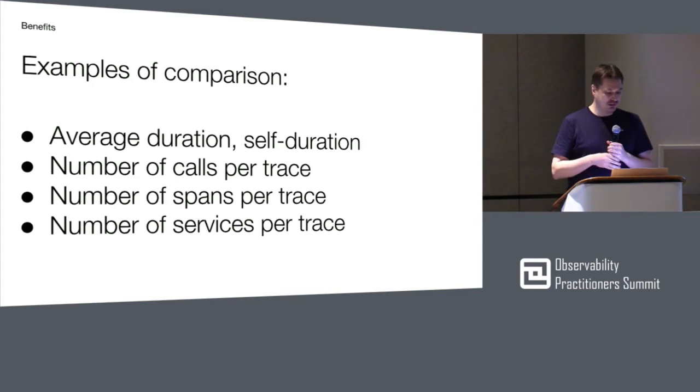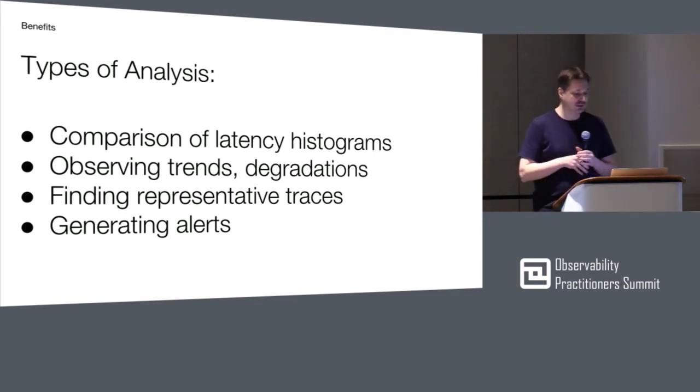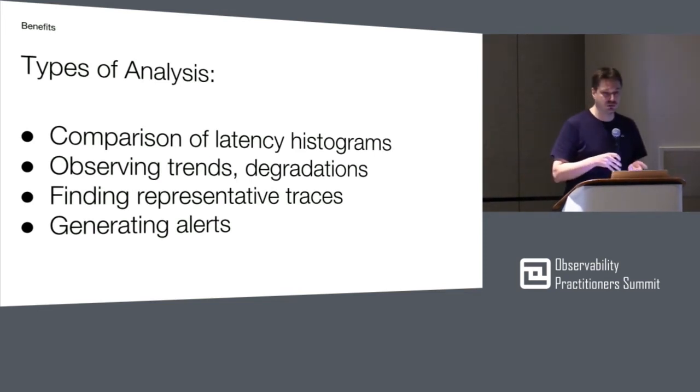And then the benefits, or examples of comparison, we can look at, like I said, the average duration of time of the critical path, number of calls, and these are the things that the trace analyzer has built in already. So these are features that are automatically extracted by the pipeline, and you get the summary, and then you can look at those summaries across the timeline. And so what types of analysis they can do with that is you can construct a latency histogram for one period versus another.